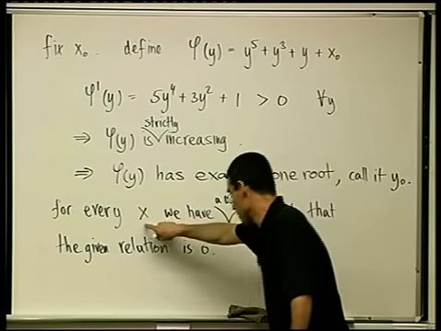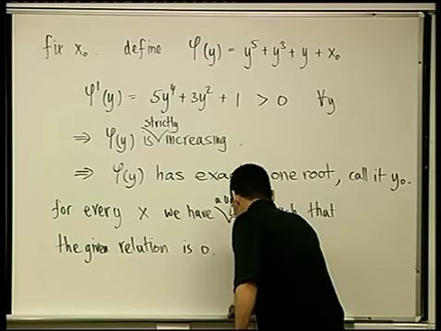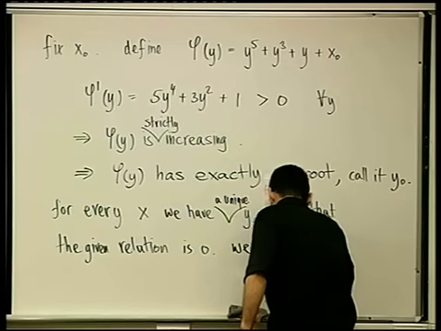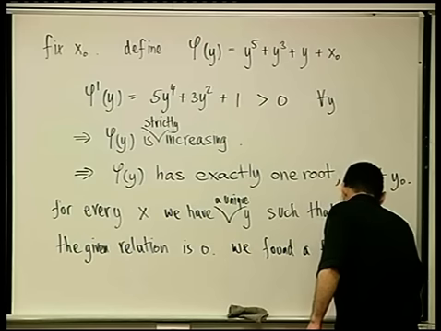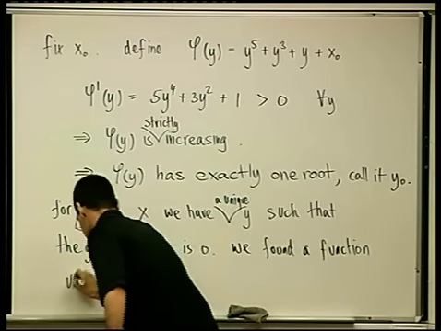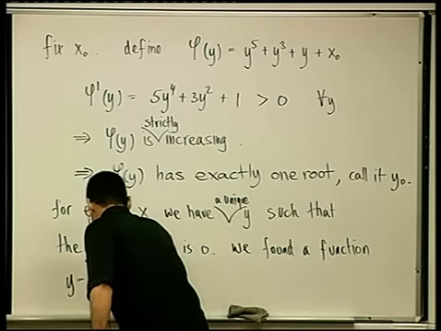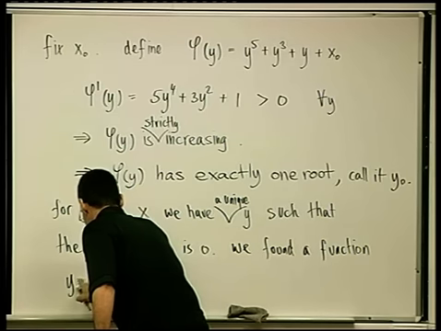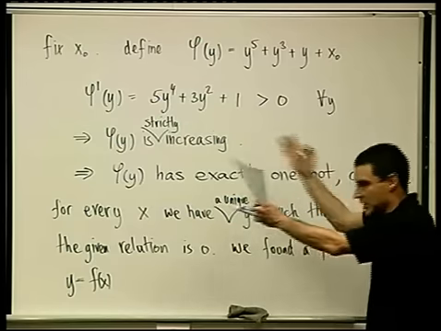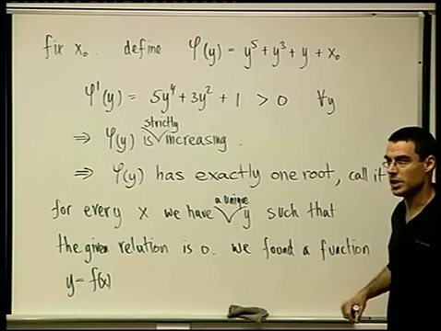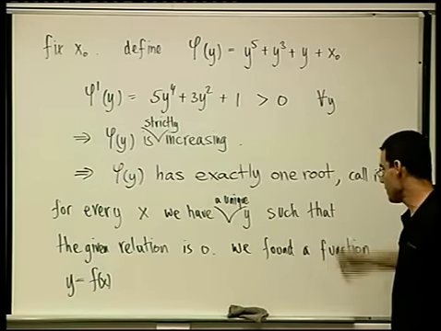So saying for every x we have a unique y, we found a function, y equals f of x. For every x, there's a unique y that satisfies the relation. That's precisely saying that we can replace the relation with a function.